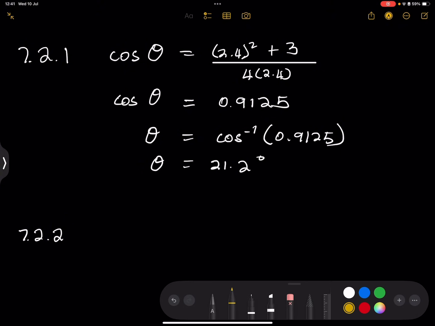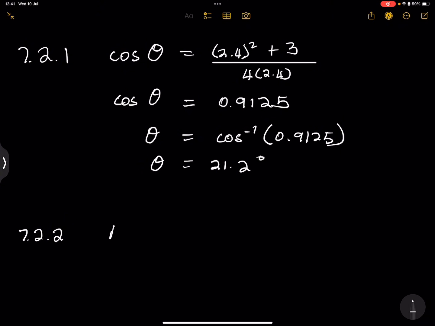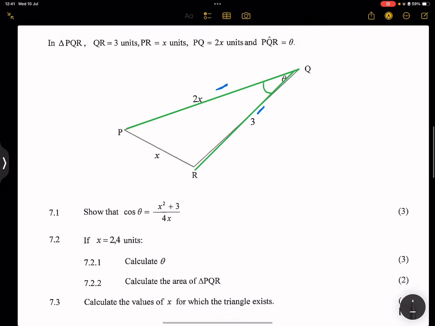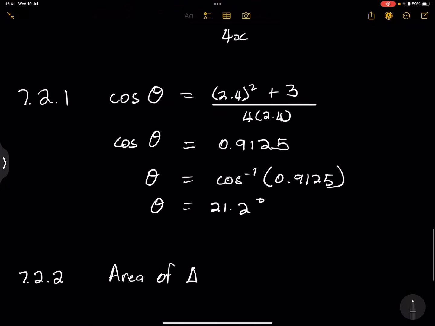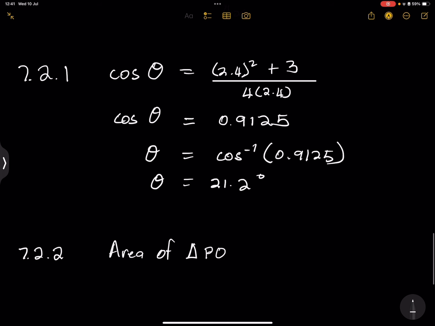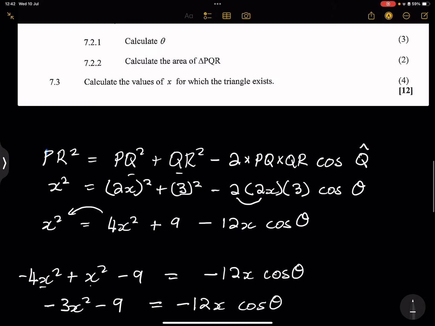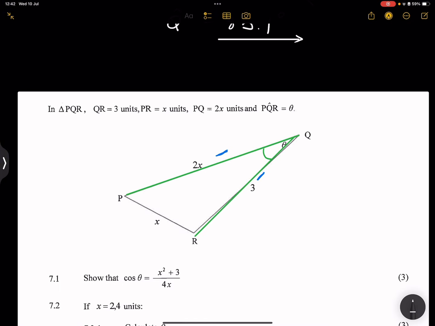So area of triangle, right? So area of triangle PQR. Okay, this would be half of the other two sides, so that would be PQ and QR.